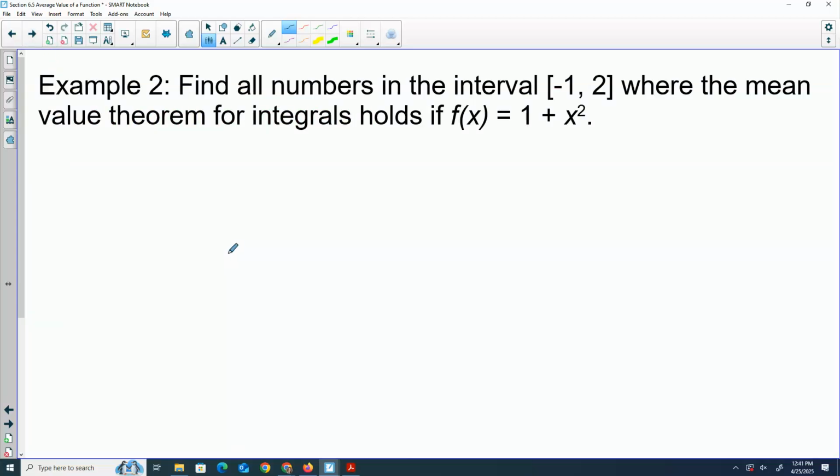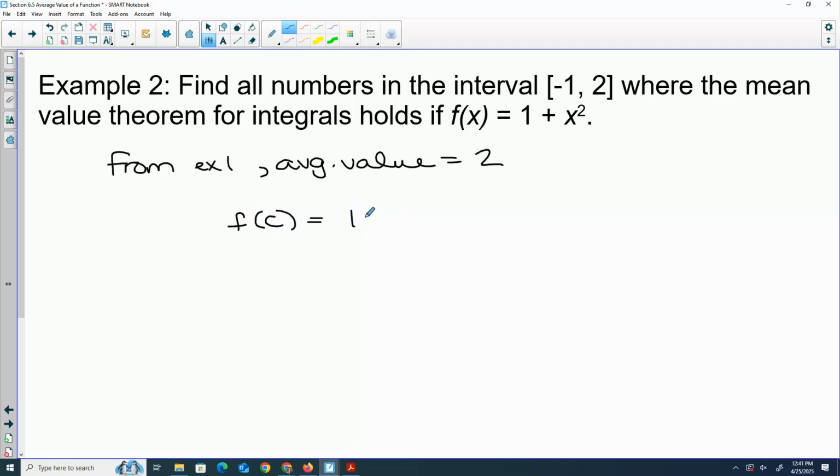So let's find that in here. We just did this problem, and we know from example 1 the average value was 2. So I just want to know what's the number. The book will say find f of c.